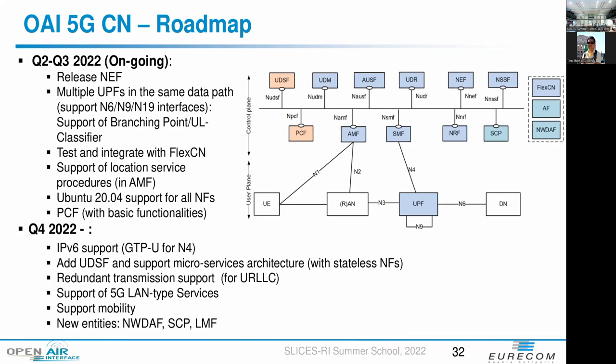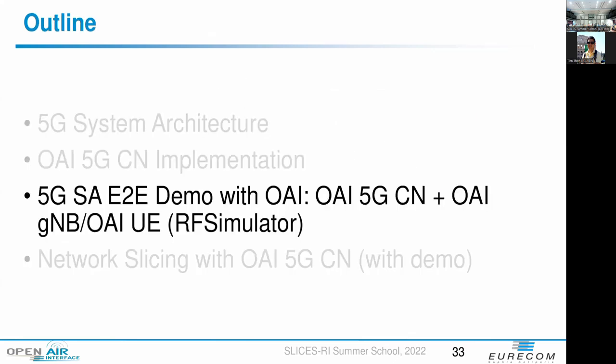And we also want to bring more network functions, such as SCP and NSSF. So with that, I will finish the first part of the presentation. Maybe we can stop for a few seconds and then I will go on. Are there any questions at this point?